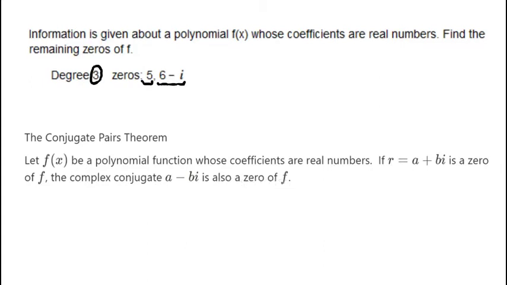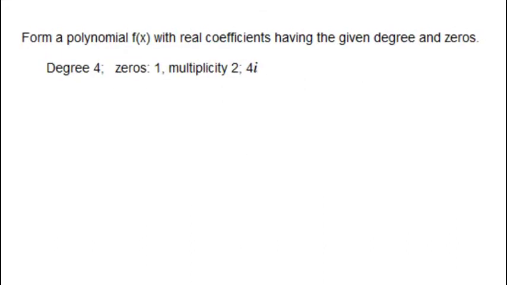So as long as we have a polynomial function with real coefficients, if we've identified one complex zero, the conjugate of that complex zero is also a zero. So we do have one complex zero, 6 minus i, and the conjugate of that zero would be 6 plus i. So 6 plus i is the remaining zero of this polynomial function.